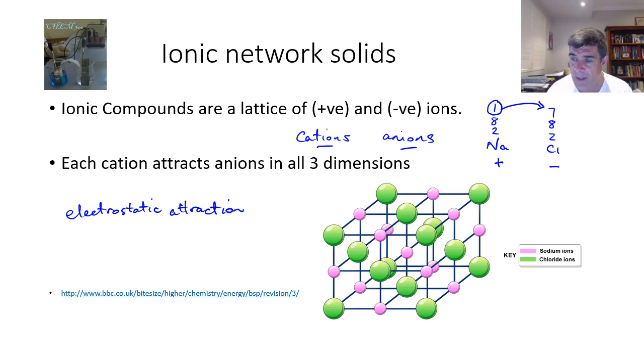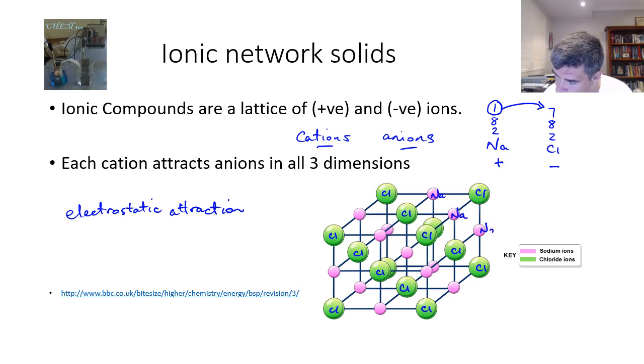But what then happens is that each chloride ion is then attracted to all of the positively charged sodium ions in its vicinity. So it doesn't just hang around with the particular sodium that exchanged an electron with it, it hangs around with all of them. And this is what creates these networks.